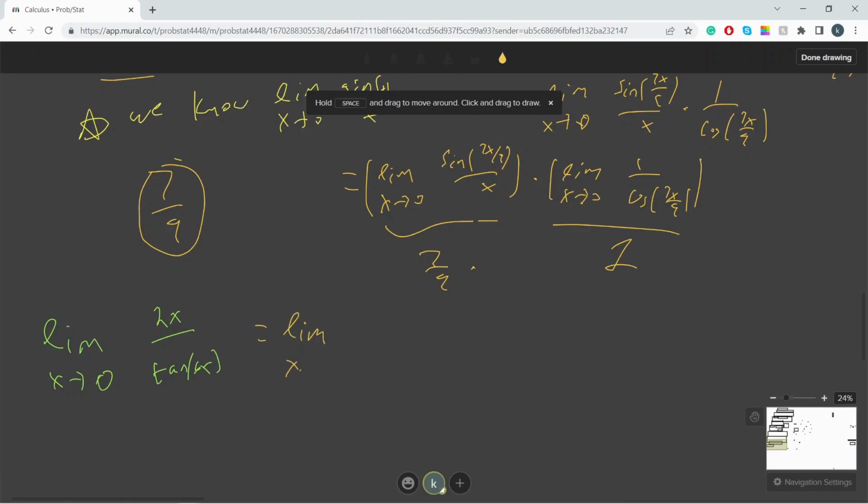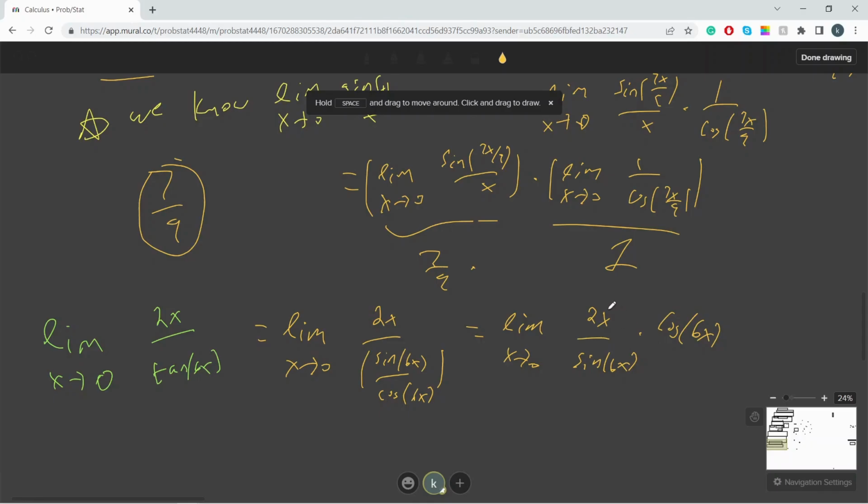So this is going to be equal to the limit as x approaches 0 of 2x over sine of 6x over the cosine of 6x. So this is equal to the limit as x approaches 0 of 2x over sine of 6x multiplied by cosine of 6x, right? So this is all equivalent.